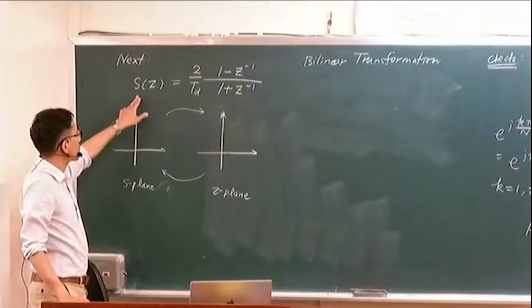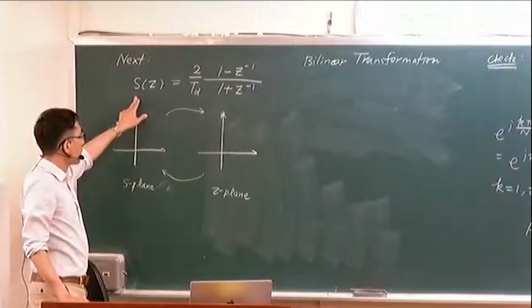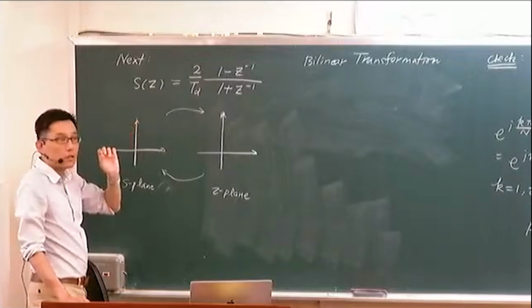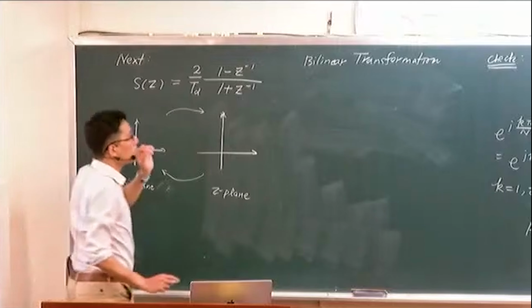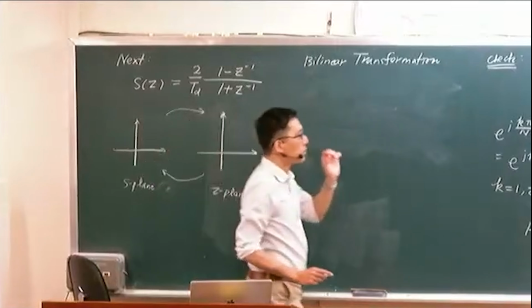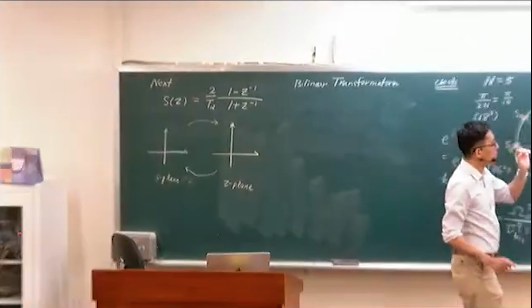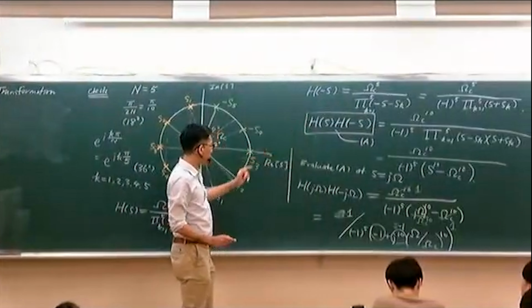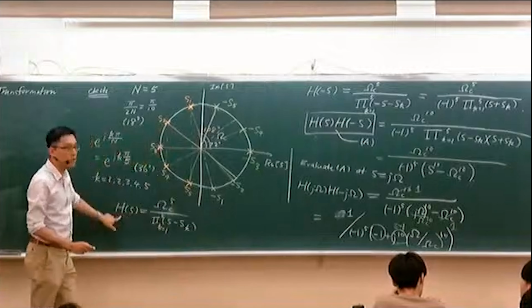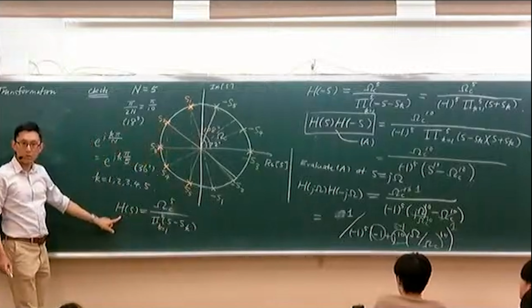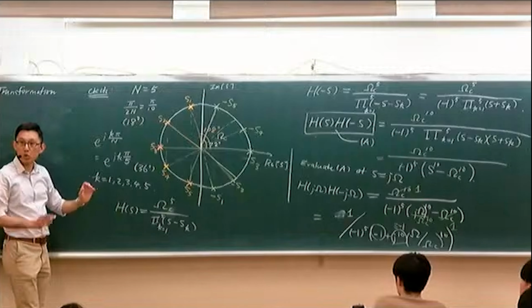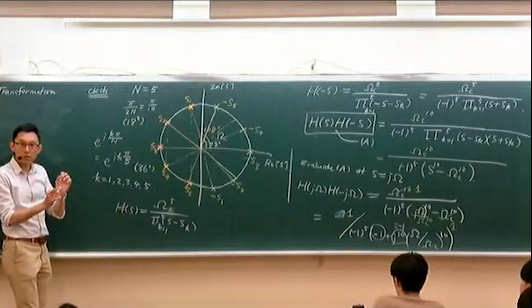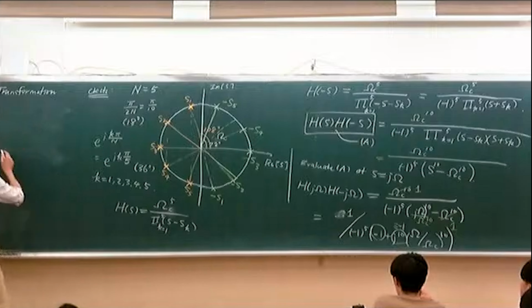Now, given this transformation, we claim that we can design, for any given analog prototype with a known expression of H of s, our design job is pretty simple.